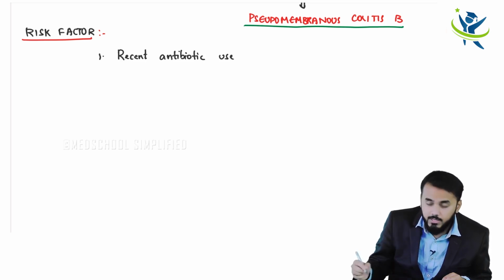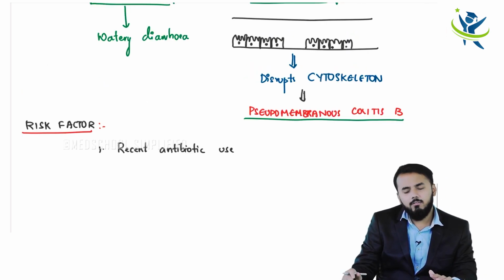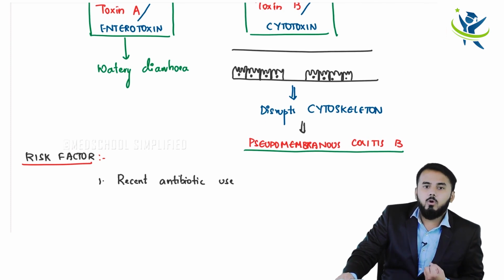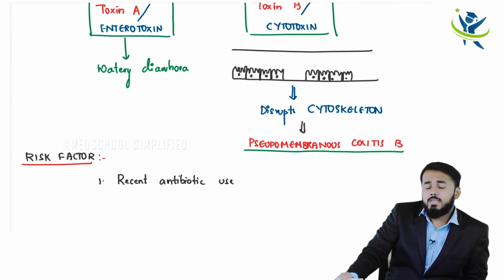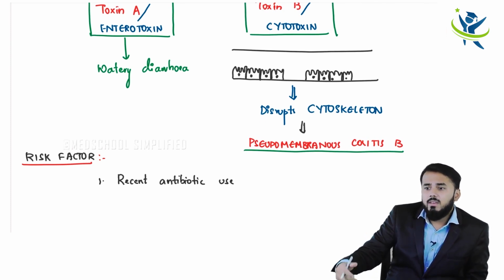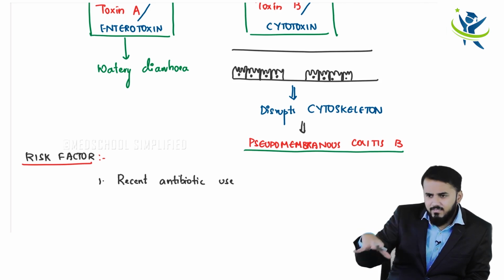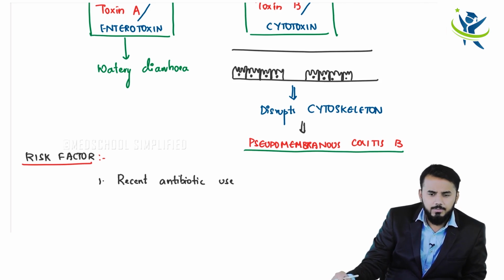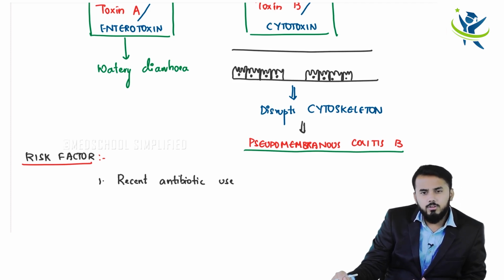So a patient comes to me and complains, doctor, I have watery diarrhea and I have severe crampy abdominal pain. Crampy abdominal pain is seen only when there is severe inflammation of your colon, of your intestine. I ask him, how are your stools?